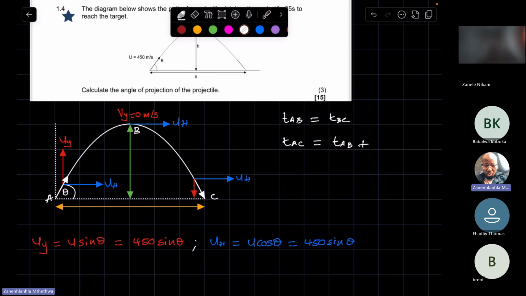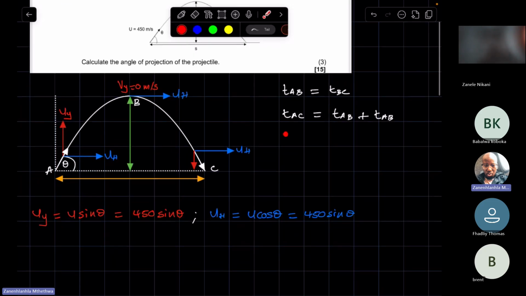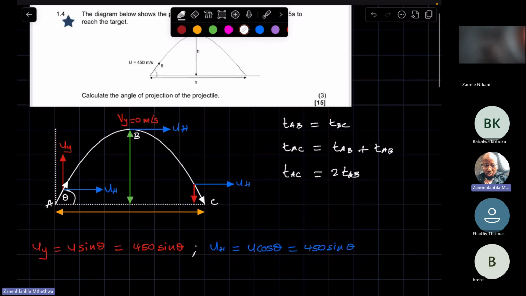So instead of calling this TBC, we can just simply call it TAB. Meaning TAC is 2 times TAB. Are we still together here?